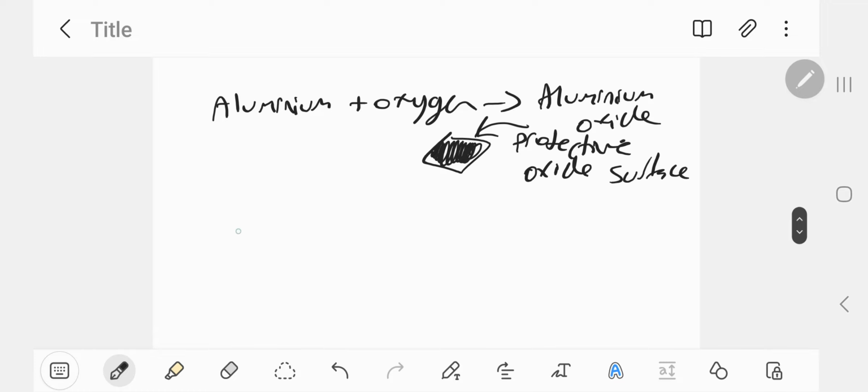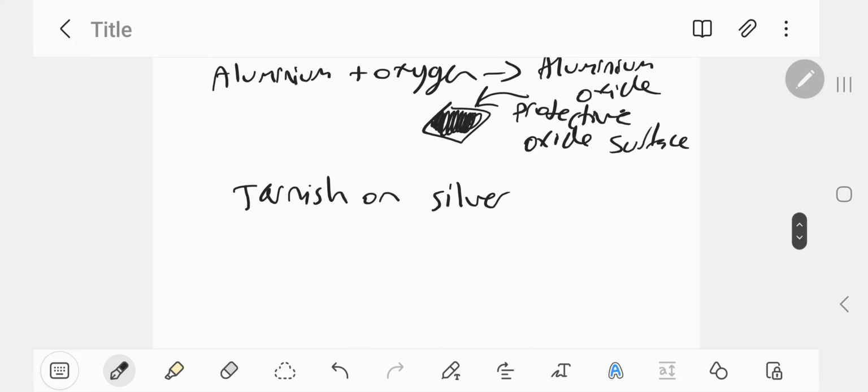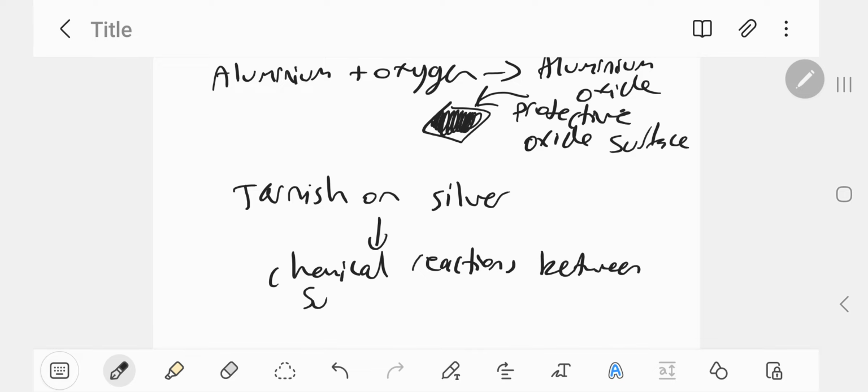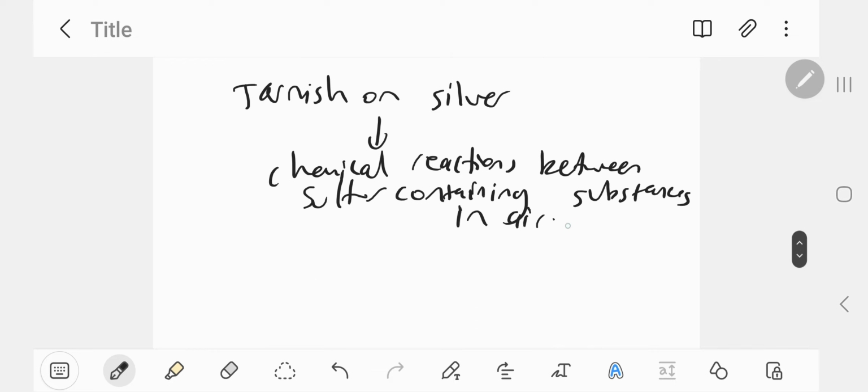I'm sure you're familiar with tarnish on silver. Tarnish is that sort of hazy, foggy look on cutlery. Tarnish involves chemical reactions between sulfur-containing substances in the air and silver.